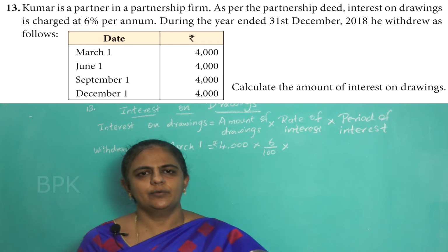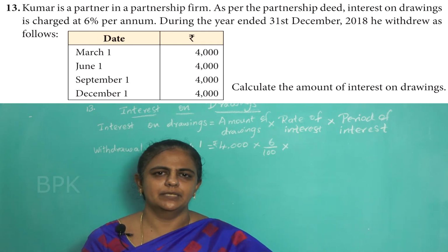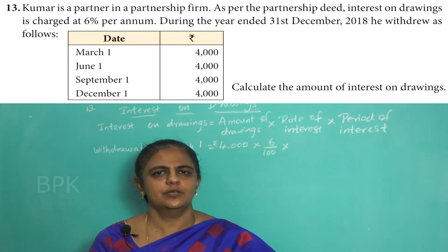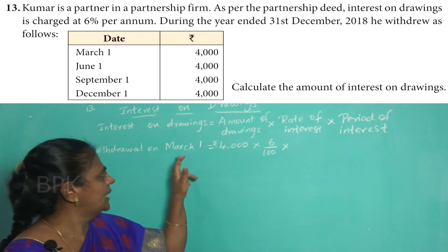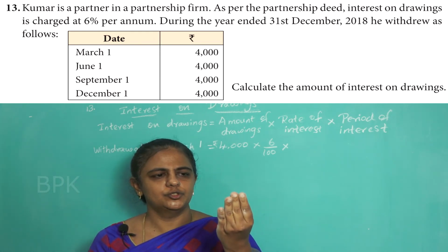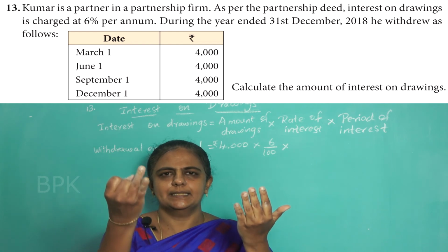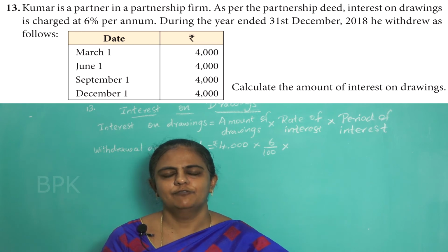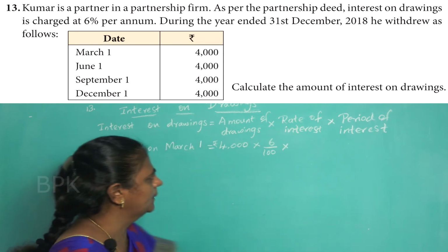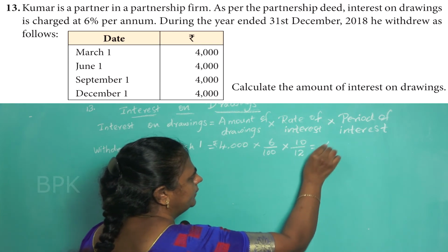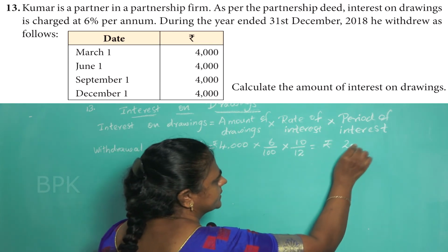It is given as 31st December, so it is understood that the accounting period starts from January 1st and ends on 31st December. So from March 1 you calculate: March, April, May, June, July, August, September, October, November, December. So 10 months. So into 10 by 12. That will give you 200 rupees.